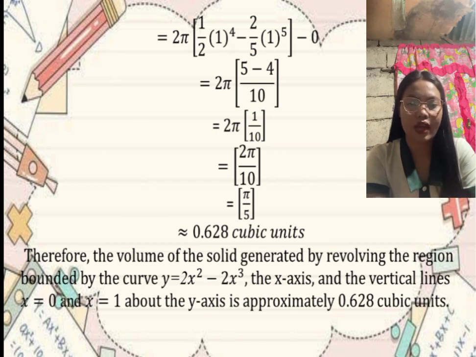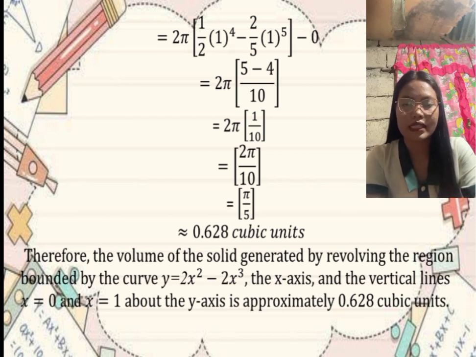So now we can simplify 1/2 minus 2/5 and it will result for us to have 5 minus 4 over 10. So 5 minus 4 over 10 is equal to 1 over 10. And if we multiply it to 2 pi, we will get 2 pi over 10, which is also equal to pi over 5 and is approximately 0.628 cubic units.